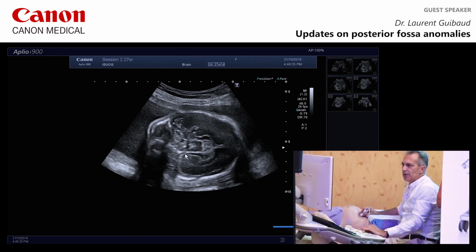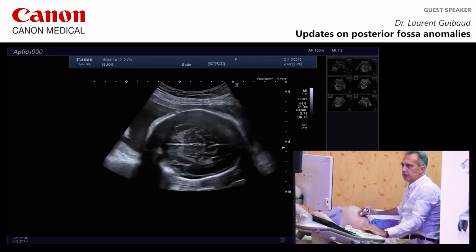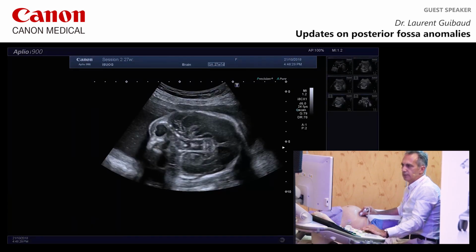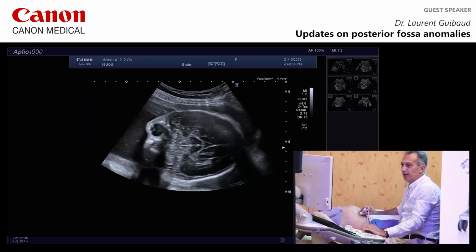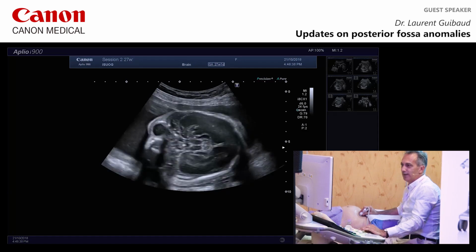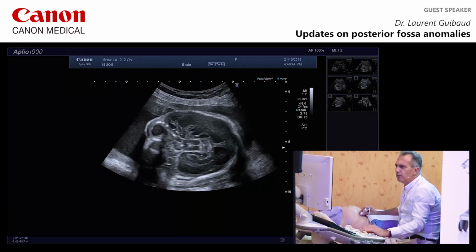So in some patients, you see here, okay? You see? Do you agree with me? You can say no, but it depends on whether we have a large peripheral space, it can be easy. But here, for sure, you see there is an optic nerve.